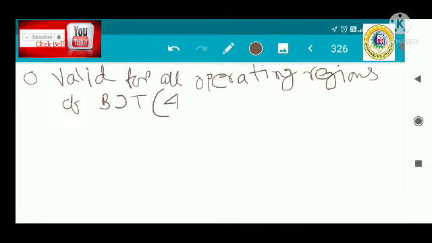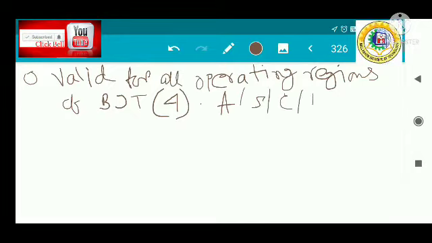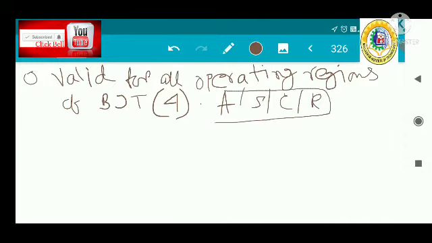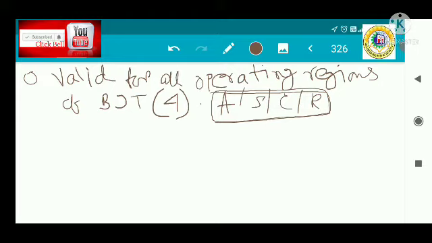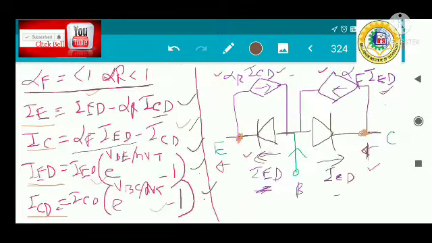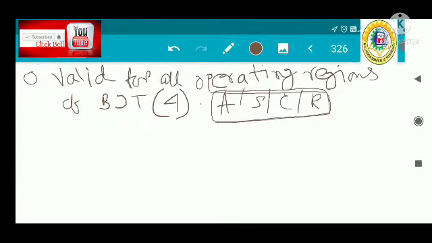There are four operating regions in the BJT: the active region, saturation region, cutoff region, and the reverse active region. All these four regions can be represented with the help of this Ebers-Moll model. So there is no other model better than the Ebers-Moll model.